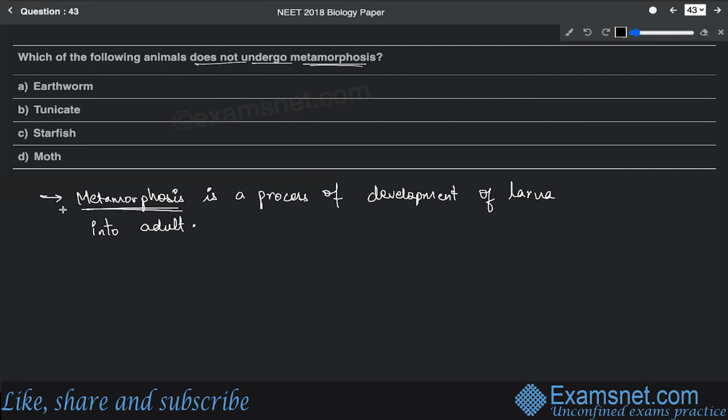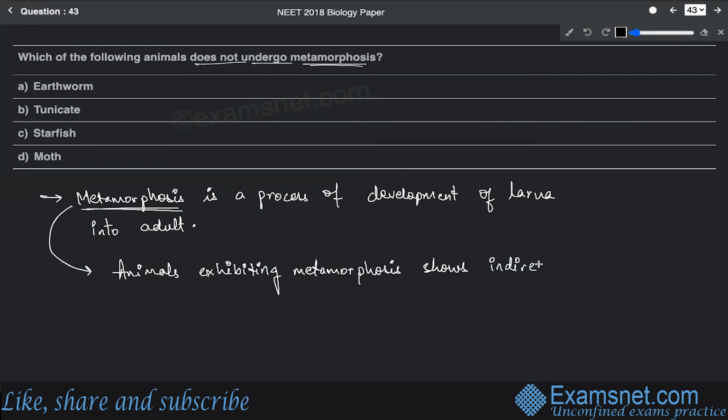So animals exhibiting metamorphosis show indirect development. That means the development takes place through larval stages.